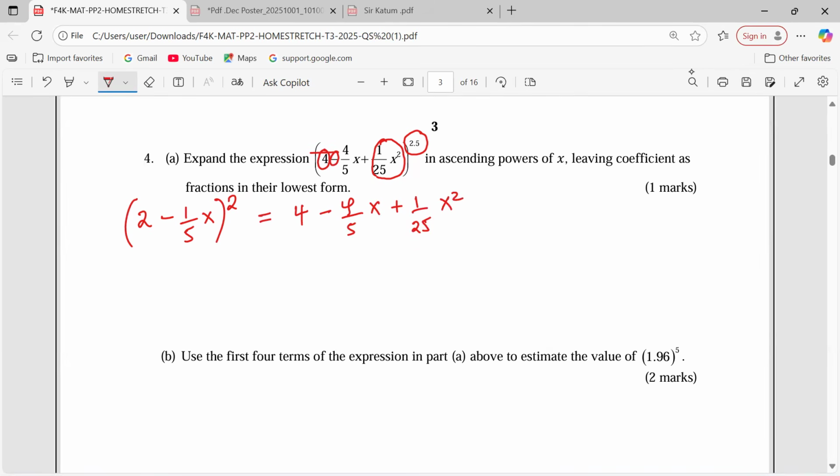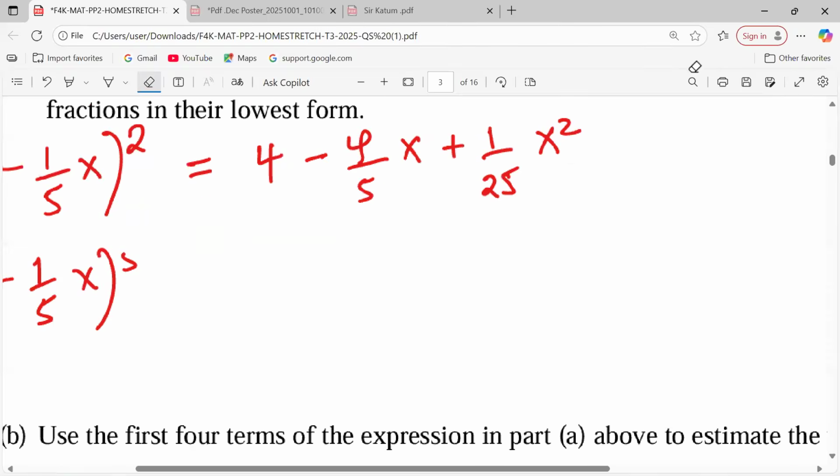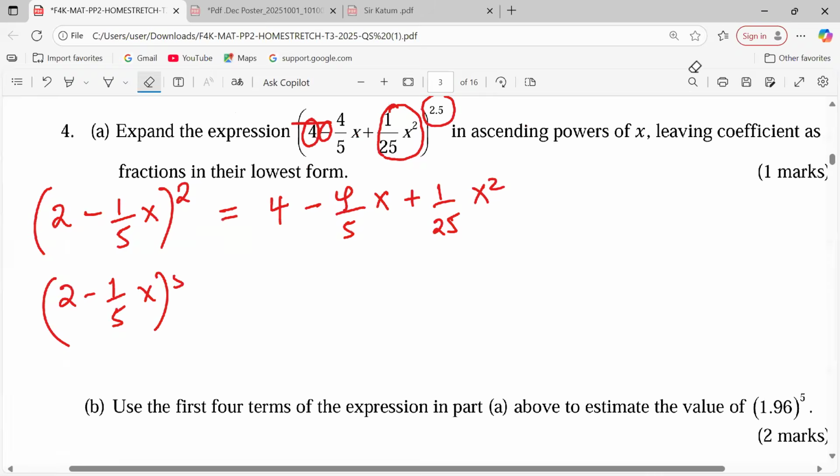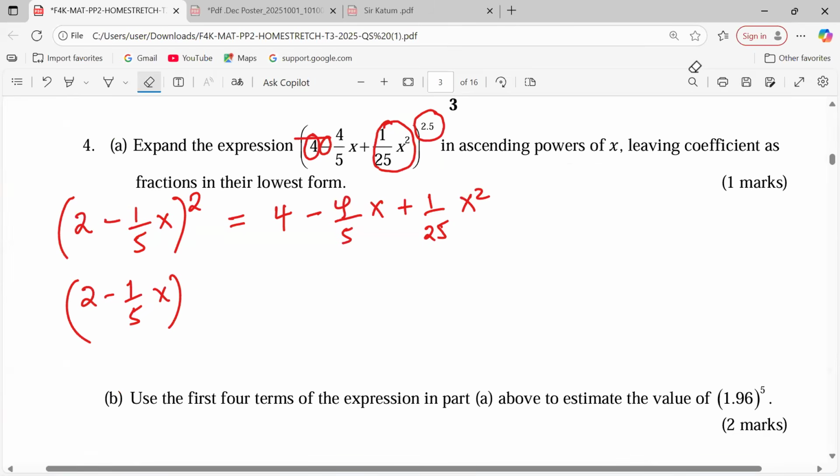Then now we can proceed and say this term is to power 2. There is another power here, which is 2.5. 2.5 is the same as 5 over 2.